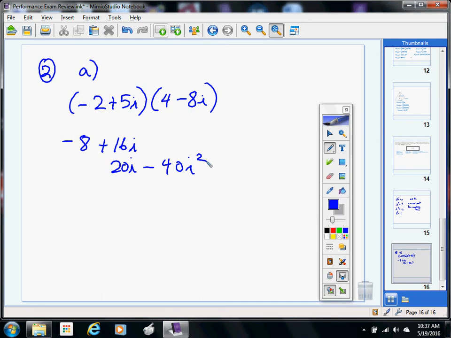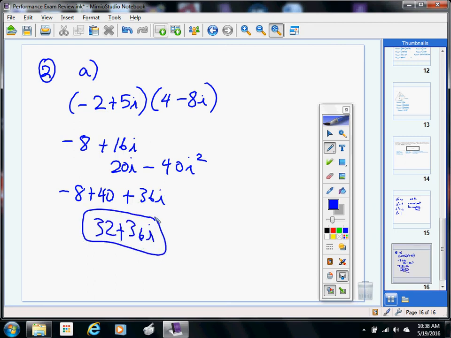So now we have -8 plus 40, because -40i squared is +40, and then 16 plus 20 is 36i. So my final answer, 32 plus 36i. Were you able to get that?